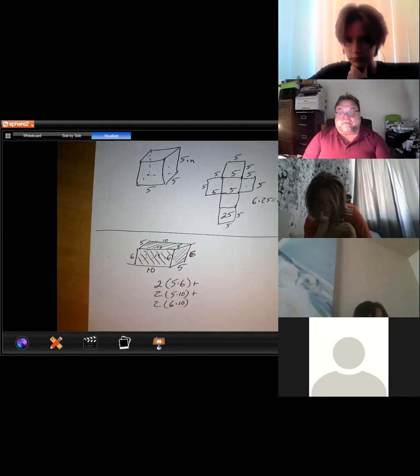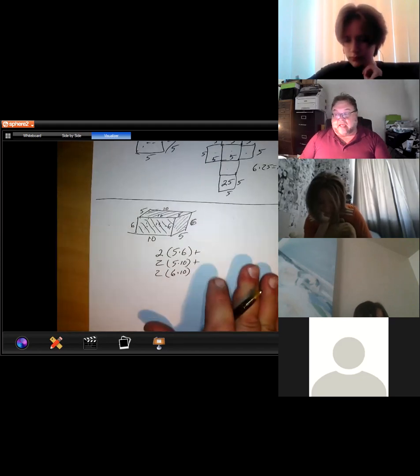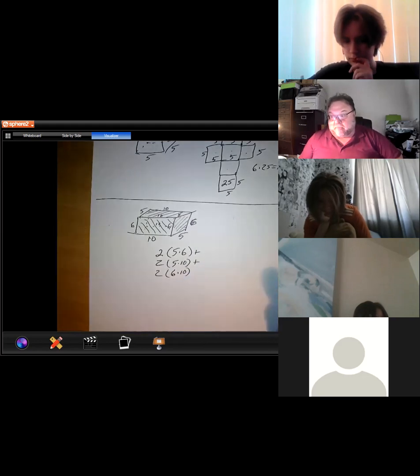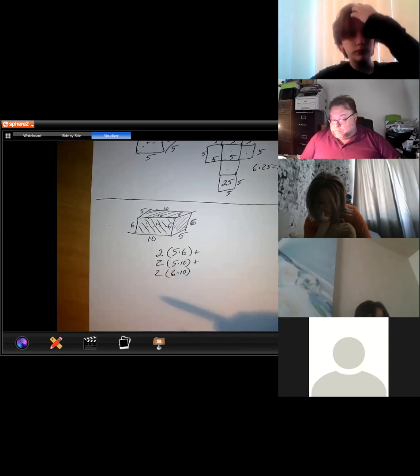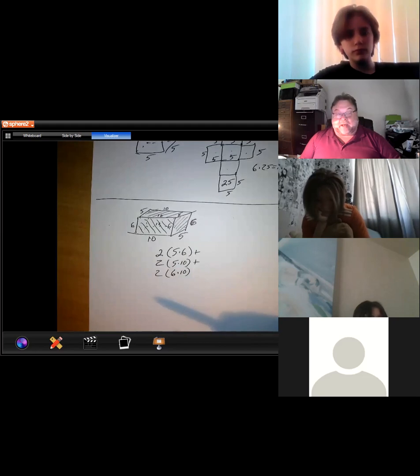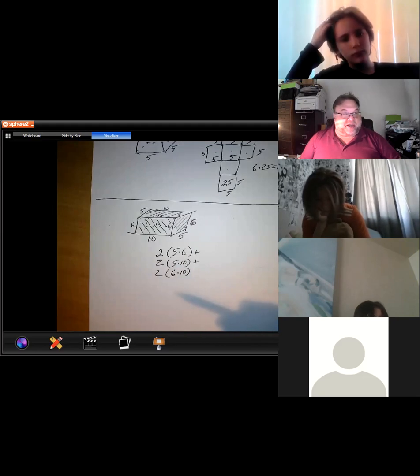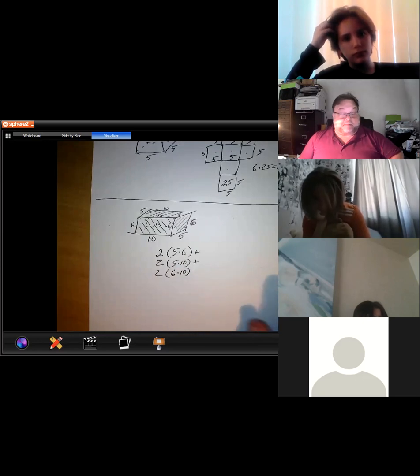So now we have basically created the building blocks for making a formula for finding the surface area of any square or rectangular prism. Okay, but if I want a formula, I have to generalize it, don't I? I have to make it so that it's not a specific number, but I'm using variables, right?